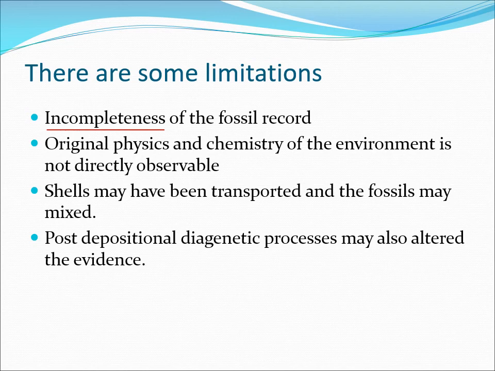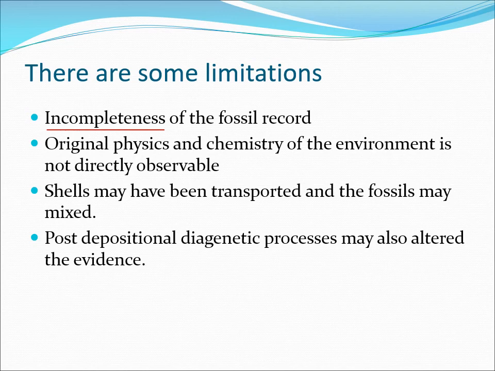Initial Earth was reducing, that is, there was no free oxygen. Atmospheric composition changed, surficial processes changed. In the initial conditions, there were frequent volcanism and frequent meteorite impacts. The Earth's crust was highly mobile, and Earth was very hot. Along with that, it was devoid of free oxygen. There was no ozone layer. So you can see the physico-chemical condition of the early Earth was completely different from the present Earth.